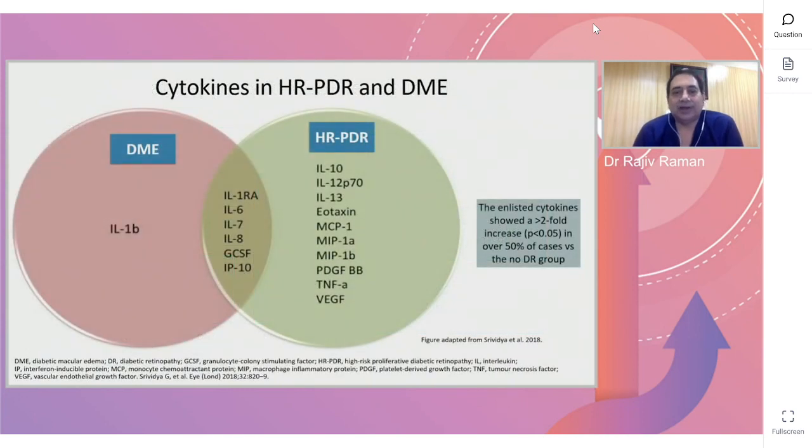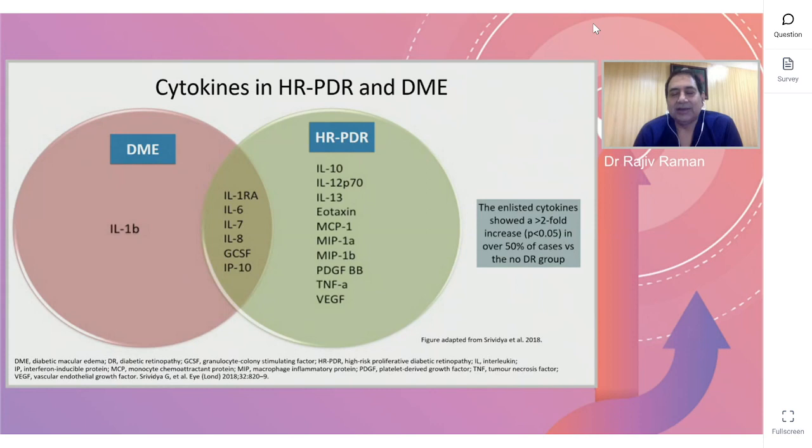However, if we look at other cytokines, these are the cytokines which are common between PDR and DME, and these are the cytokines which were nearly two-fold more increased in more than 50% of cases as compared to controls, meaning no diabetic retinopathy.